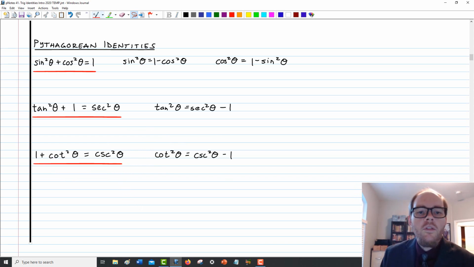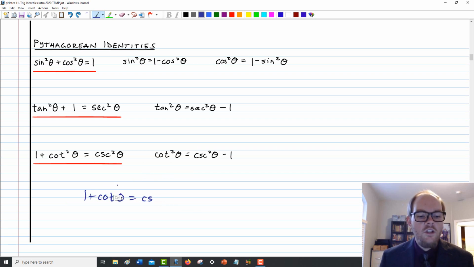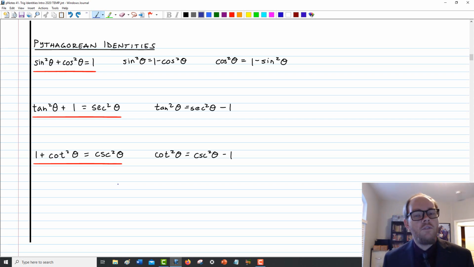Let me just point one more thing out before we go forward, or before I prove this. Let me just point out to you that a lot of people see this and they think, oh, cool, that means 1 plus cotangent equals cosecant. Yay! No, not a thing. That's not a relationship. This relationship is specifically for squares. So it's the squares of these things that work, not the original values.